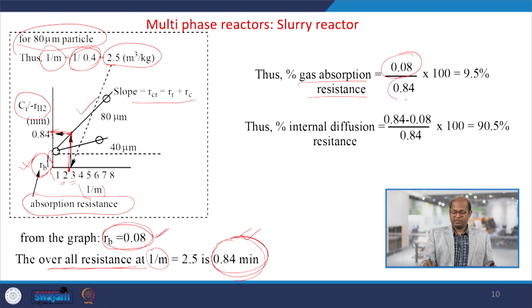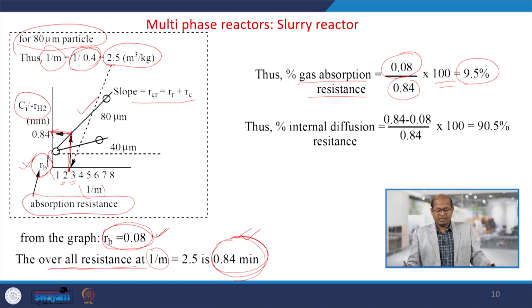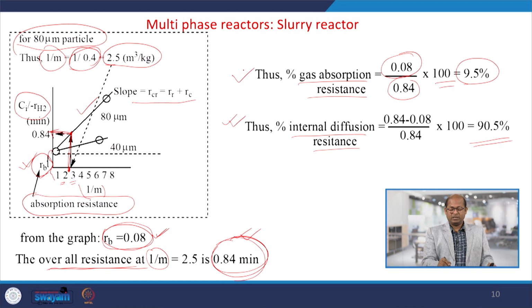If we divide this by this and multiply by 100, then 9.5 percent is the resistance developed for gas absorption, and the internal diffusion resistance would be the rest. There is no external diffusion resistance within this particular size of catalyst that we have used.